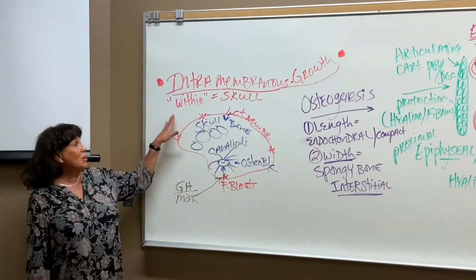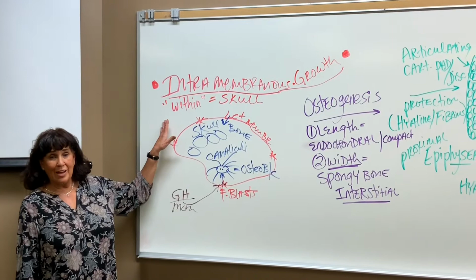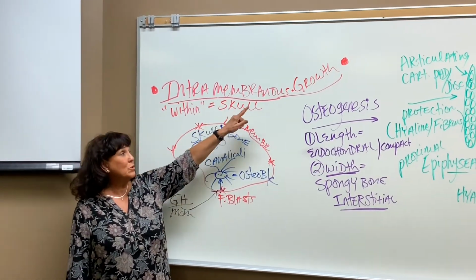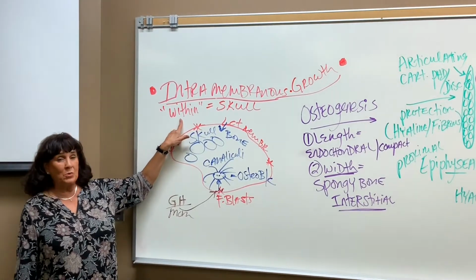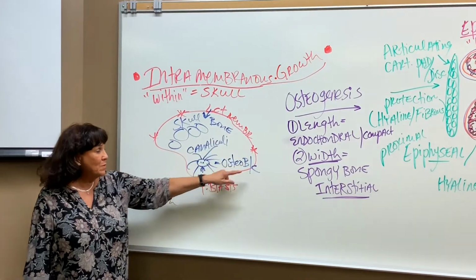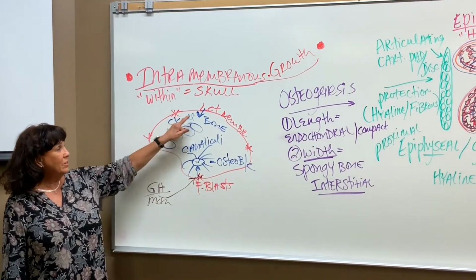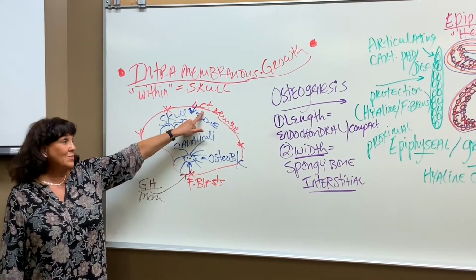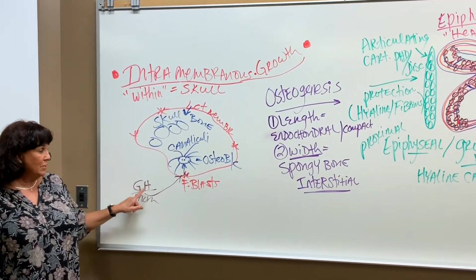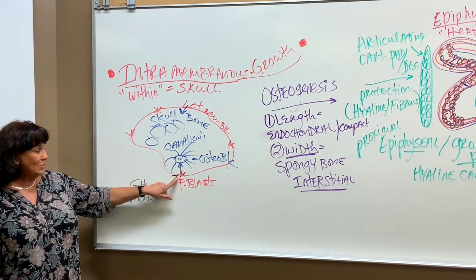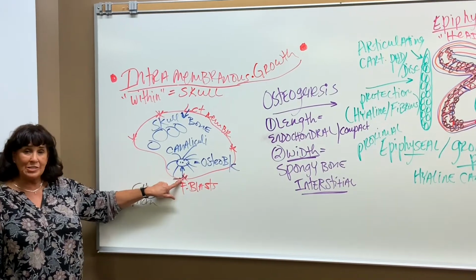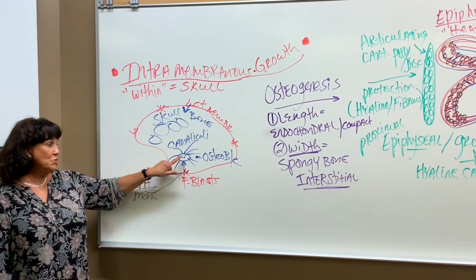All right, we're going to talk about how skull bones actually develop. And so it's called intramembranous growth. So that means it grows from within a membrane, and right here is the membrane. This red outer layer is called the periosteum, the membrane. And what's going to happen is growth hormone comes in with the blood vessels, and growth hormone will make the fibroblasts in the membrane actually change into bone cells.